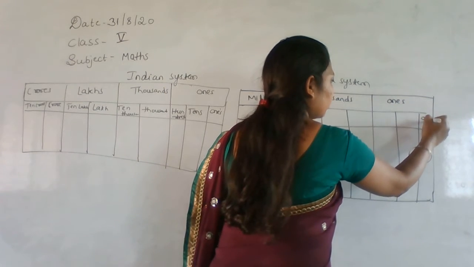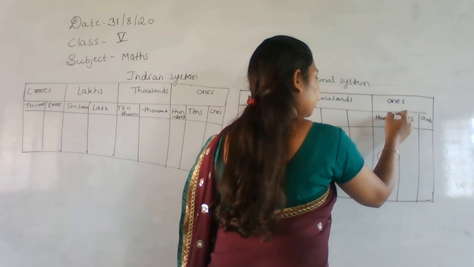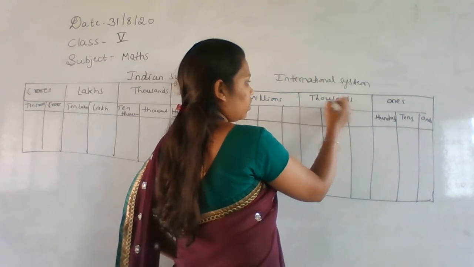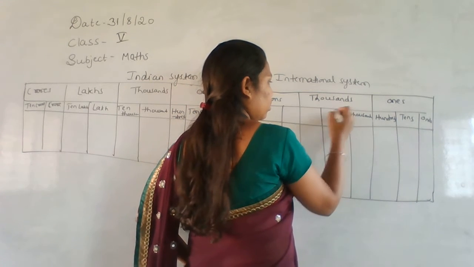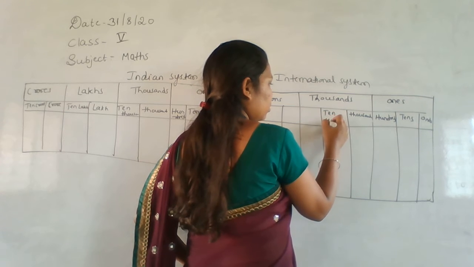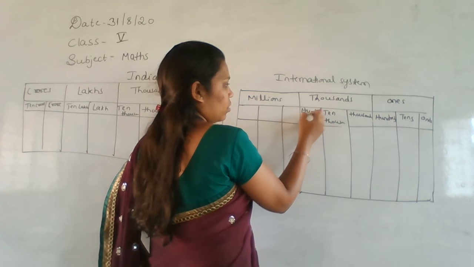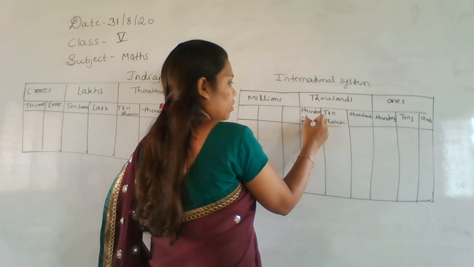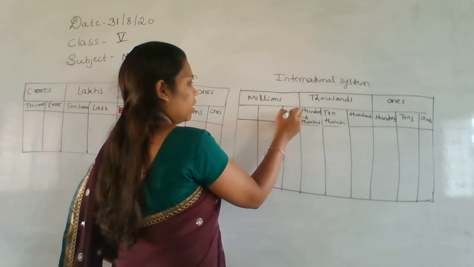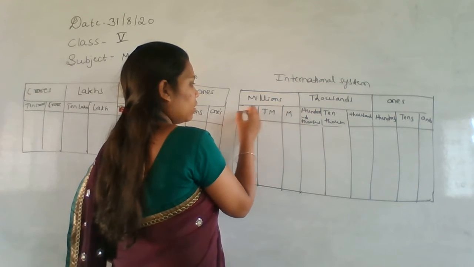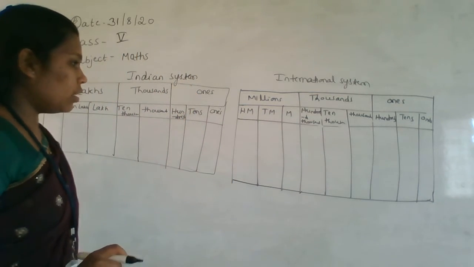So here ones, tens, hundreds, okay. Next here thousand, 10,000, and here 100,000. Okay, after that million, 10 million, 100 million. Okay, so this is the chart.